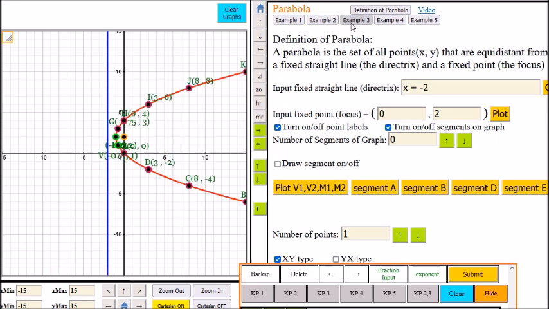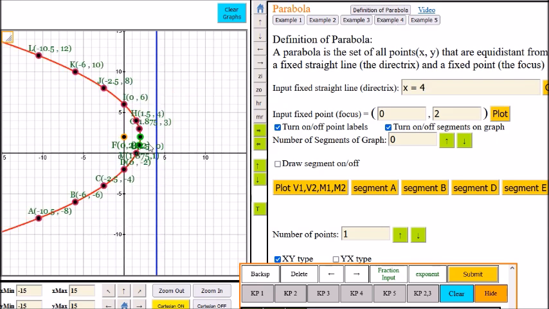And then we could also have the case where the directrix is vertical, and we pick a focus that is to the right of the directrix, and then the parabola opens to the right. And then we could also have the situation where the directrix is vertical, and we pick the focus that's to the left of the directrix.